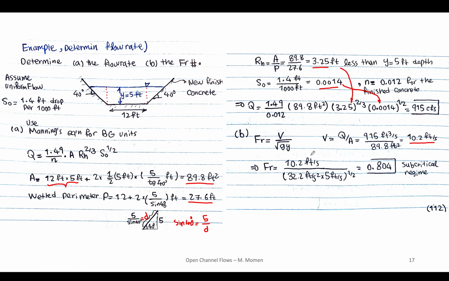So I have everything. I just substitute everything here. 10.2 foot per second over the square root of 32.2 foot per second squared, which is g, times y, which is the depth of the channel, 5 foot.